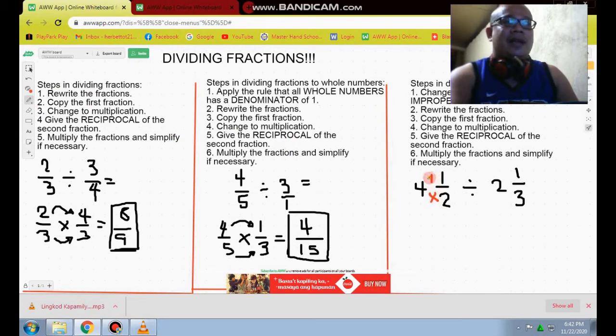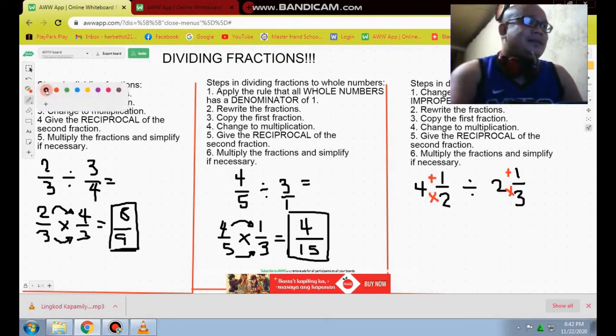Okay, so lagyan natin ng maliit na multiplication sign and addition sign. Ayan, so lagi kong ginagawa yun, class, para ipakita sa inyo na multiplication and addition pagka nag-convert tayo ng mixed number to improper fraction. Okay, so lagi ko talagang sinusulat yan para hindi tayo magkamali. So pwede nyo rin gamitin yan, class, no? Sulat nyo yan maliit na multiplication and addition para hindi kayo mawala. Okay, so now let's convert.